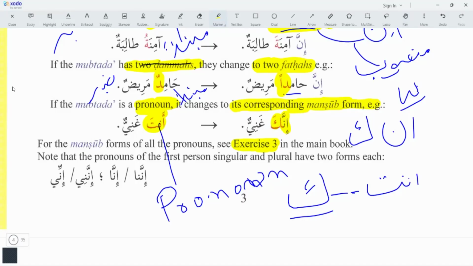In this lesson, there is exercise number 3. So there are the pronouns, but today we will learn here, inshallah. Note that the pronouns of first person singular and plural have two forms.